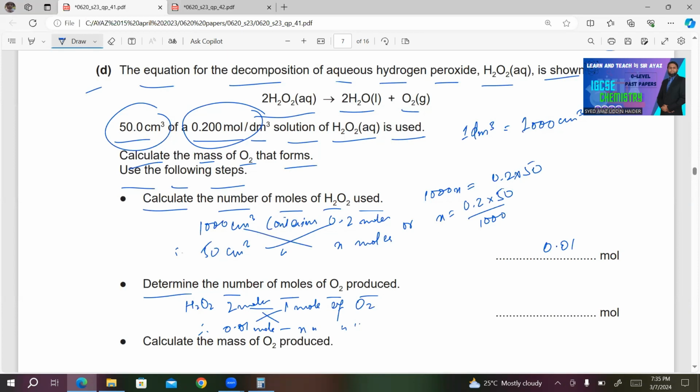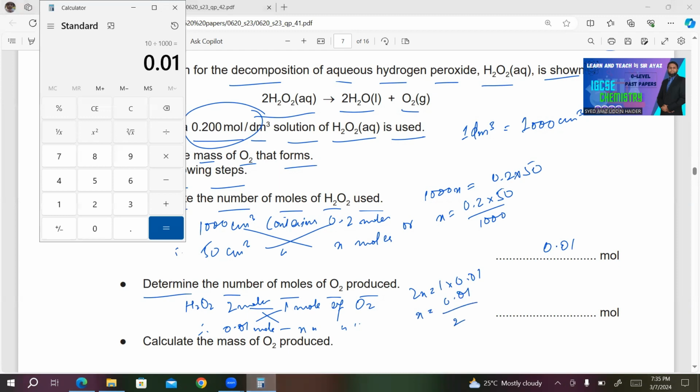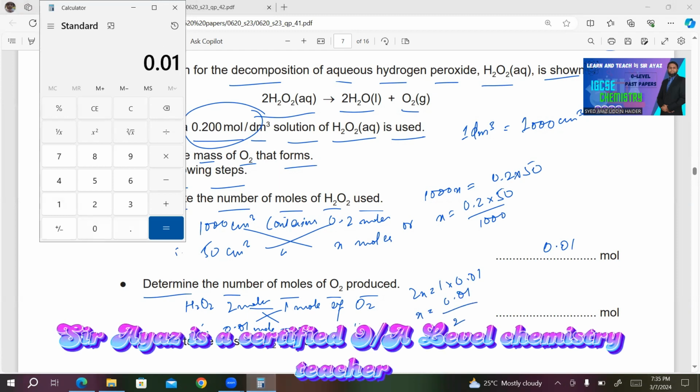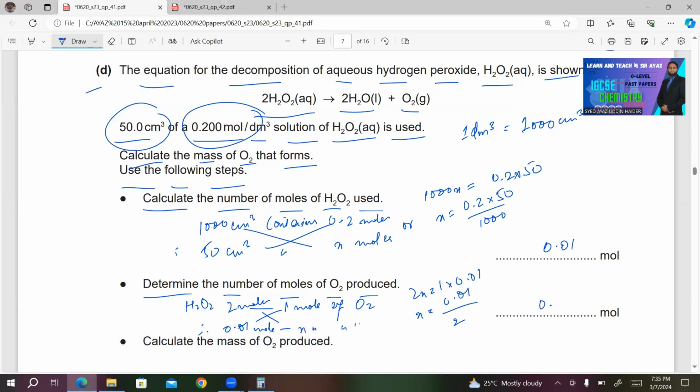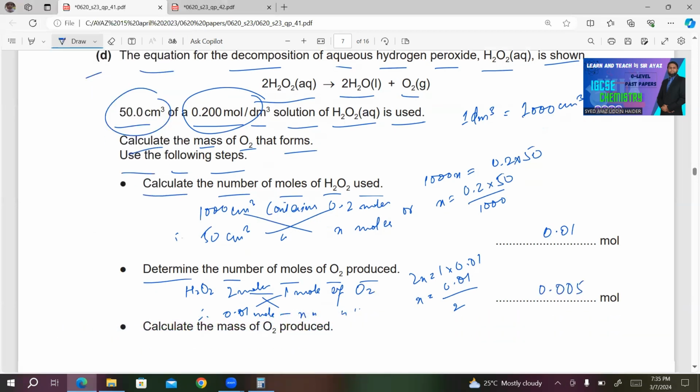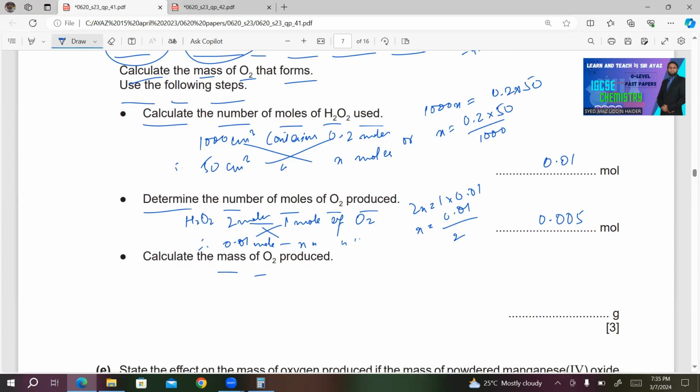Do the cross. We will get 2x is equal to 1 multiplied by 0.01, or x is equal to 0.01 divided by 2. 0.01 divided by 2, 0.005 moles of oxygen.